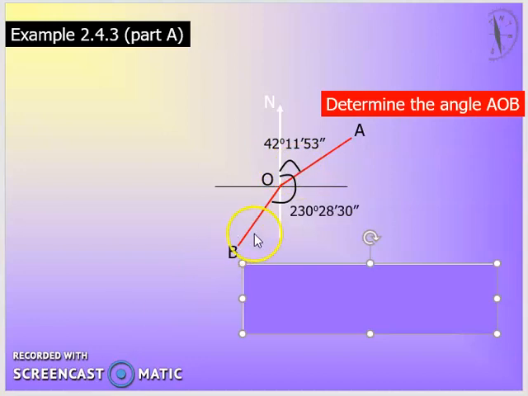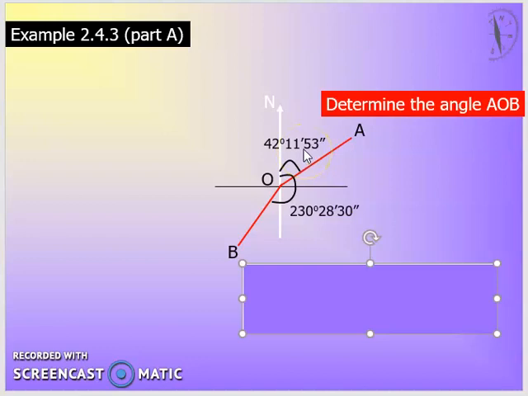Now this is the part where you will have to make use of your calculator in order to do your subtraction. If you want to, you can also do the subtraction manually. The difference is that you need to understand that 1 degree is equal to 60 minutes and 1 minute is equal to 60 seconds if you want to do your subtraction manually.